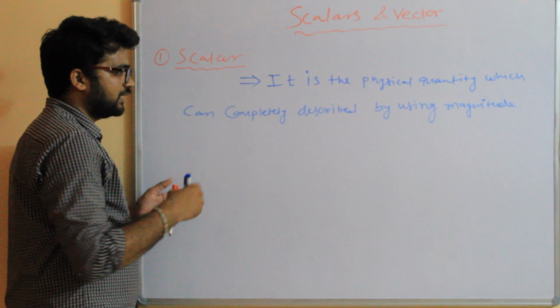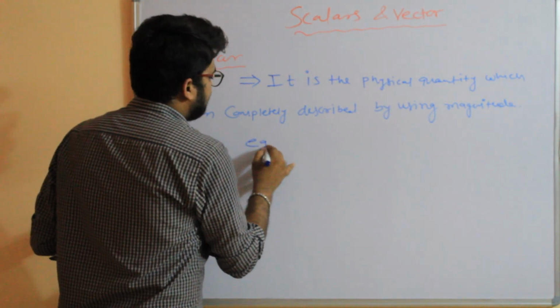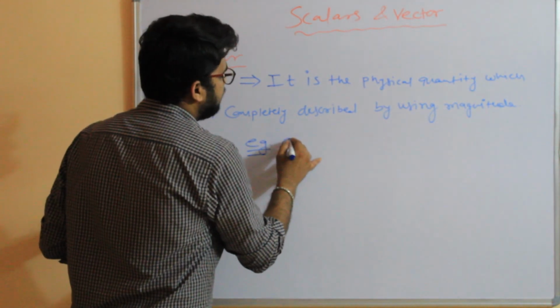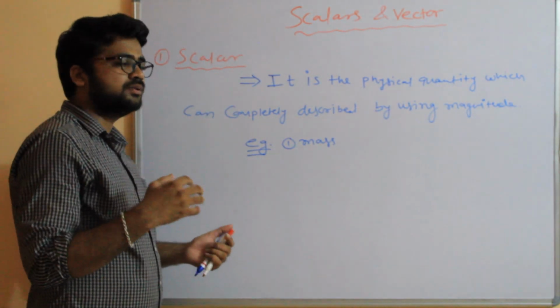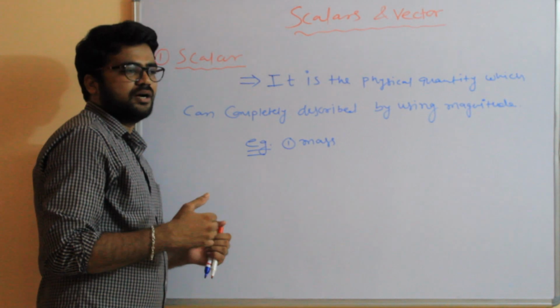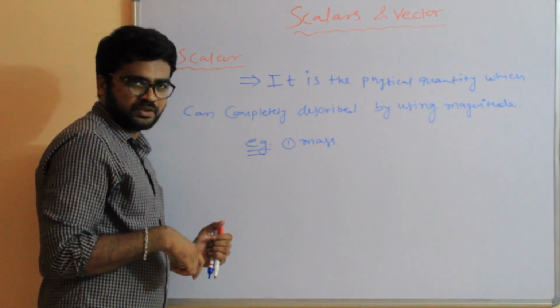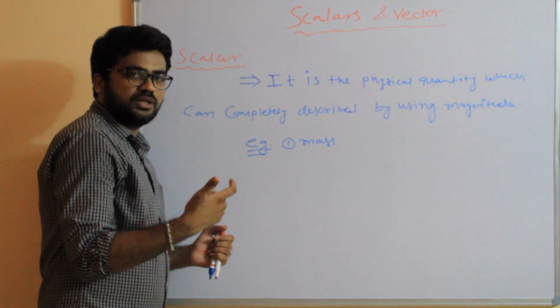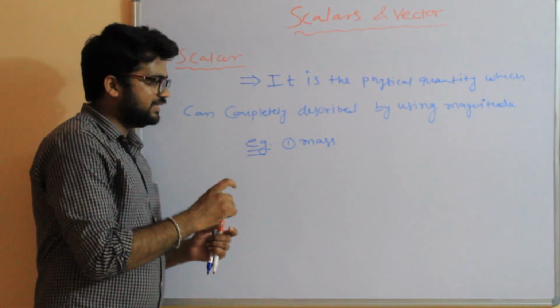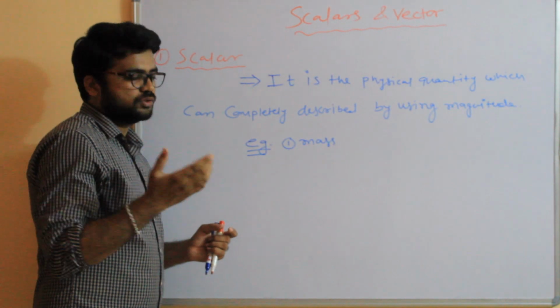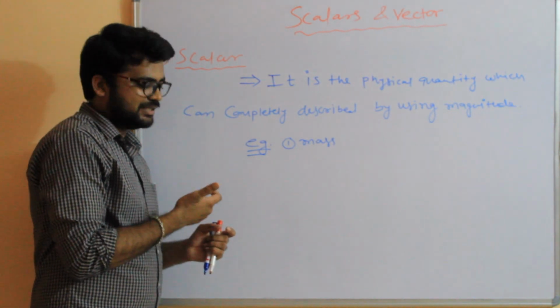So let us see the examples. Examples of scalars: number one, we have mass, right? Let us suppose we have 1 kg of sugar. So 1 kg of sugar is a complete statement, isn't it? This 1 kg is nothing but the mass.